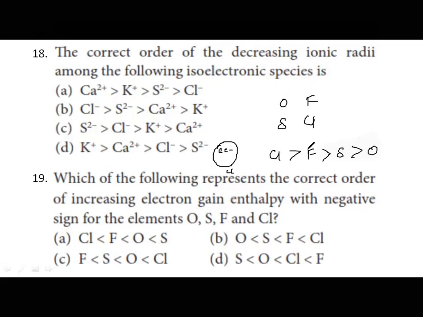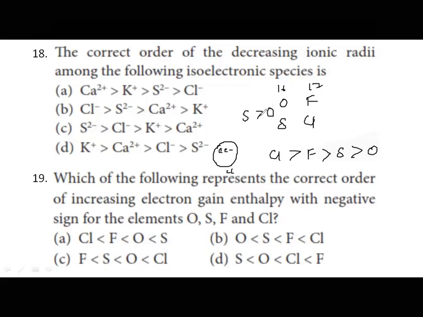So chlorine has the highest electron gain enthalpy in the periodic table. Fluorine, being a member of group 17, has higher electron gain enthalpy than sulfur, which belongs to group 16. Thus, this in turn is higher than the electron gain enthalpy of oxygen. So in this case also, sulfur has more electron gain enthalpy than oxygen. Again, same reason, because of the atomic size.